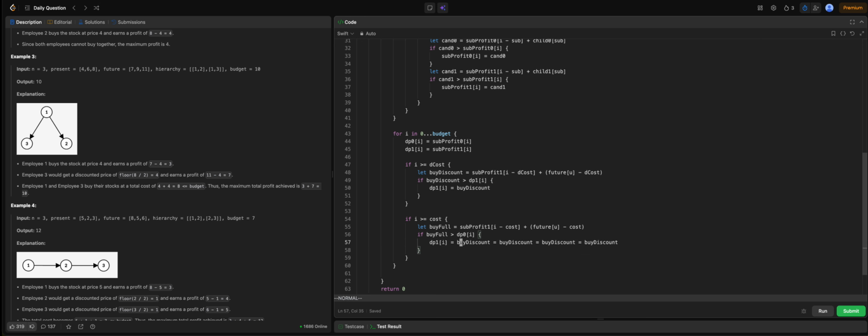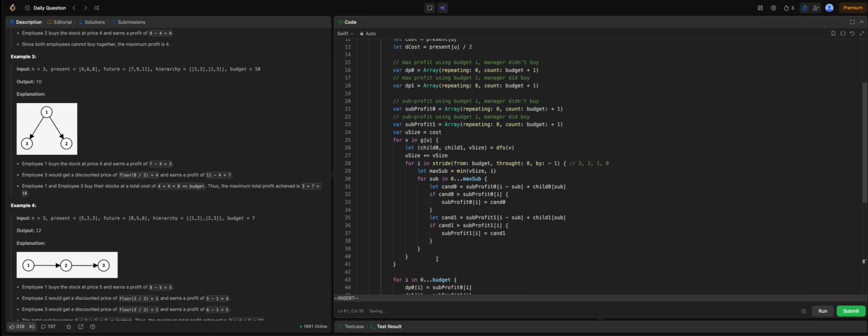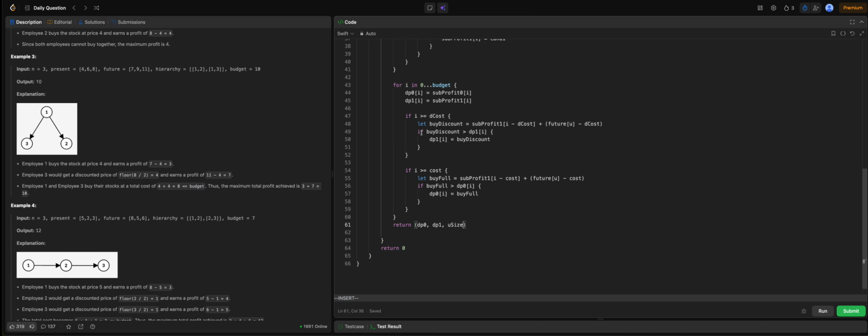Wait, what is wrong with my case? Buy full for the dp of 0. Yeah, I think that's pretty much done. I can simply just return the dp0, dp1, and use size, which is a size we have calculated in here.